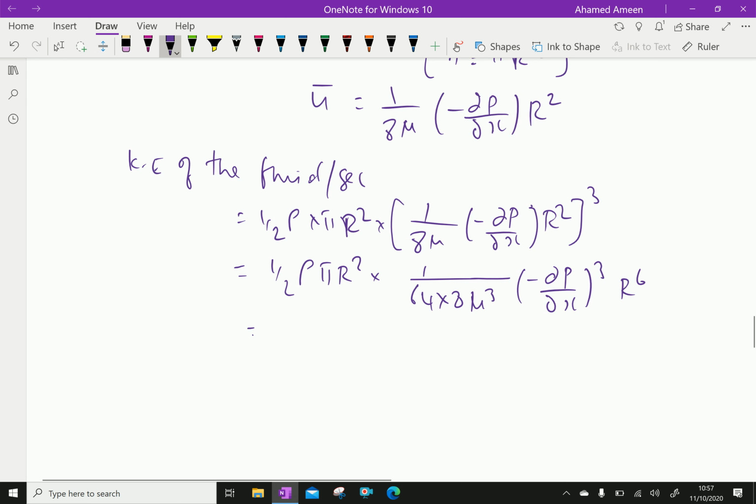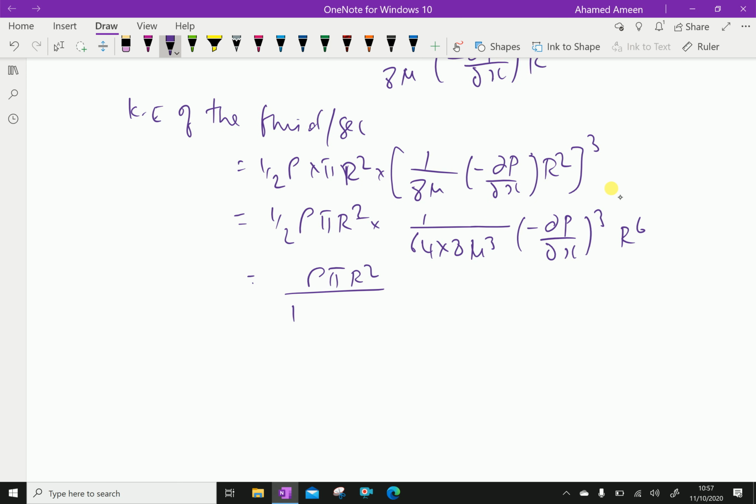So after simplifying, we'll get rho pi R squared over 128 into 8 mu cube, minus dou p by dou x the cube, into R power 8.